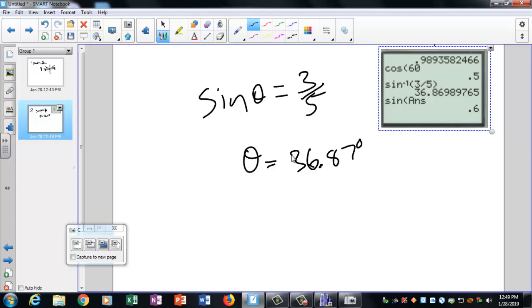Does that make sense? But that's 36.87 in quadrant 1.